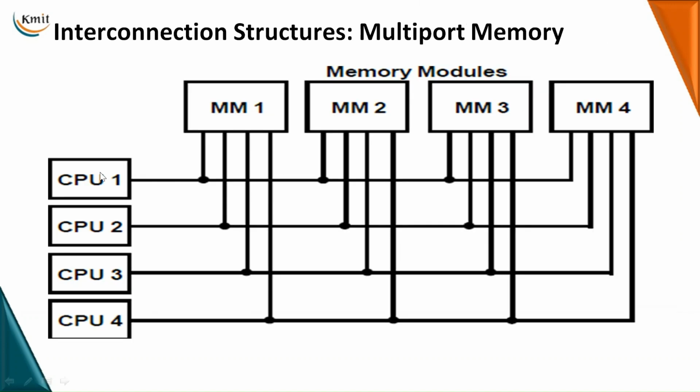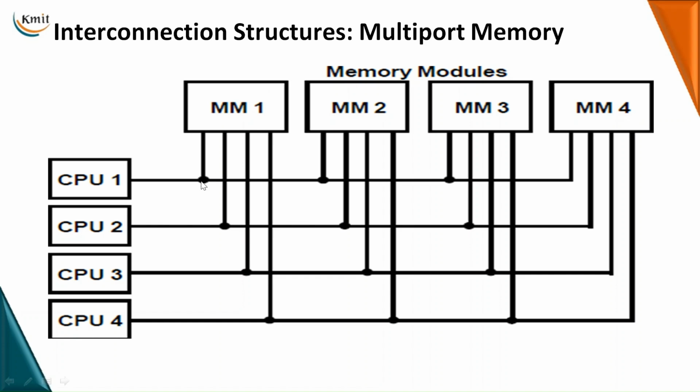If you look at this diagram, you have four processors present in your system, and the shared memory is divided into four modules: MM1, MM2, MM3, and MM4. All these CPUs have their own bus, and each CPU is connected to each module with the help of a multi-port memory.